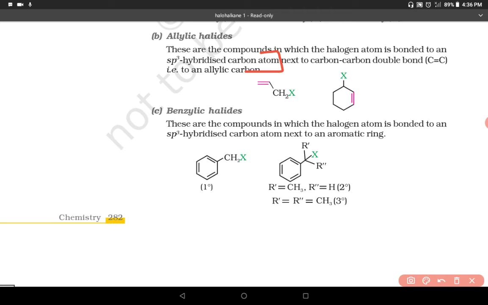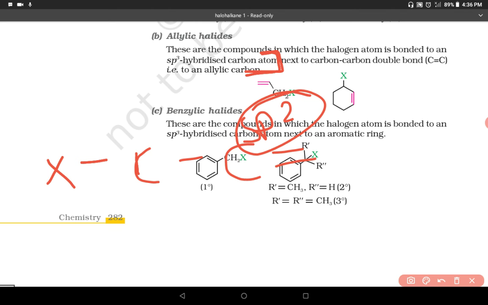Other than that, the definition is what we learned in the introduction: the halogen is bonded to an sp3 hybridized carbon, but this carbon is attached to a carbon which is sp2 hybridized.